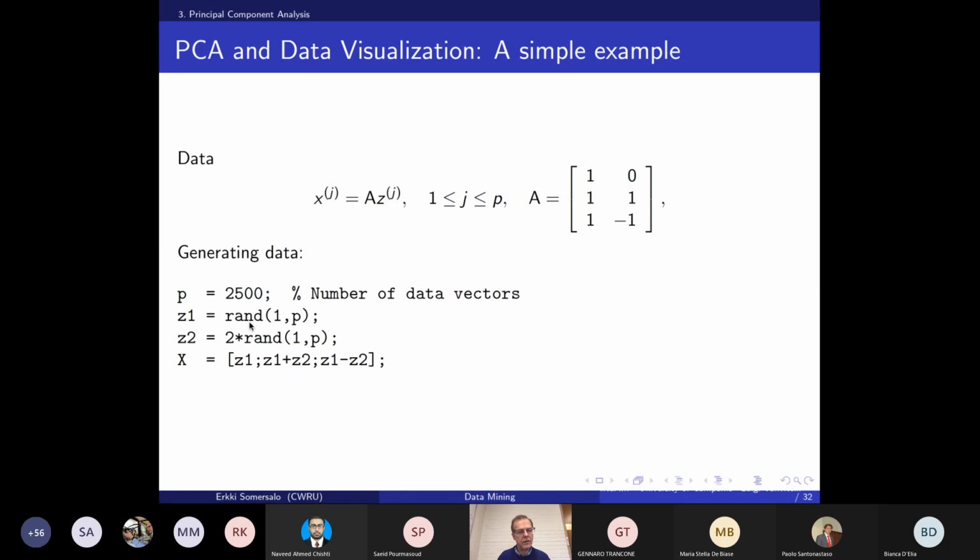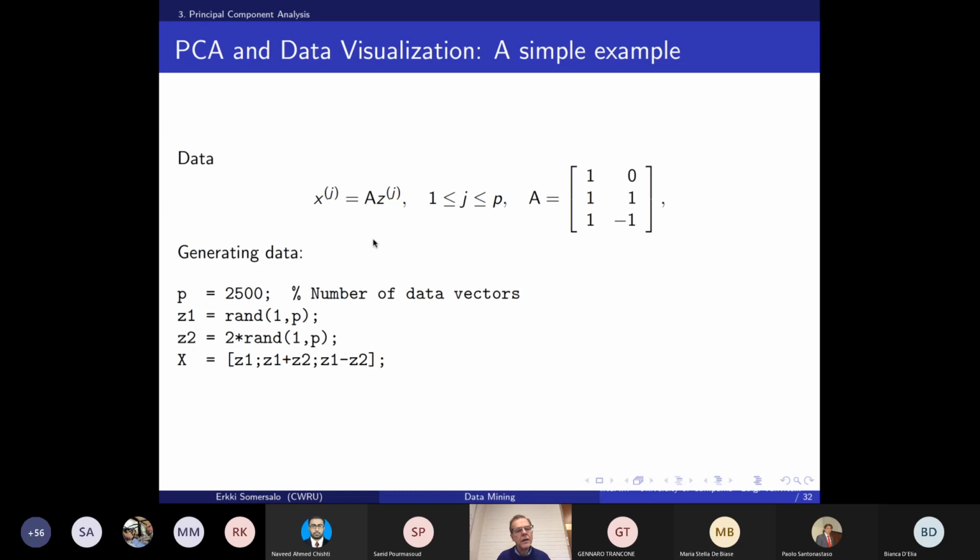Rand is the command that generates pseudo-random numbers between 0 and 1. The second component I'm taking to be 2 times rand 1p. So these are independently drawn random numbers between now 0 and 2, because I'm multiplying by 2. So my vectors zj are random vectors where the first component is between 0 and 1 and the second component is between 0 and 2.